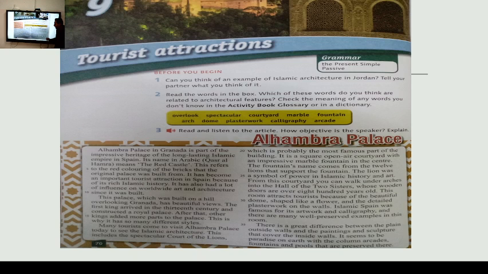We have this adjective, impressive: something you feel impressed or surprised by seeing. The fountain's name comes from the 12 lions that support the fountain. We have 12 lions. They support the fountain. Now let's continue reading, my dear students.